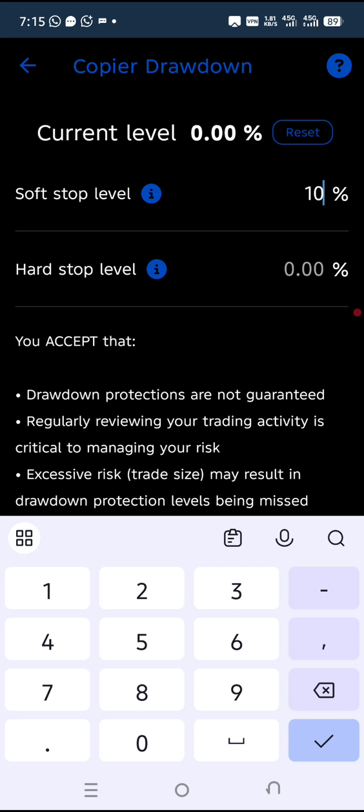But when it comes to the hard stop level, assuming you put this to 20%, whenever it gets to a 20% dip, it will accept your loss and it will not trade again until you come back and refresh the trade. So to me, I don't usually like this, because there's no need accepting when it will continue the trade.